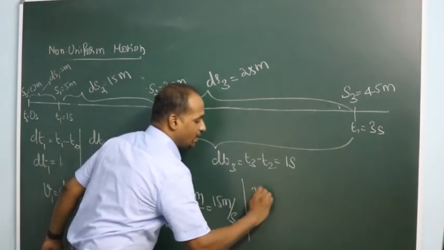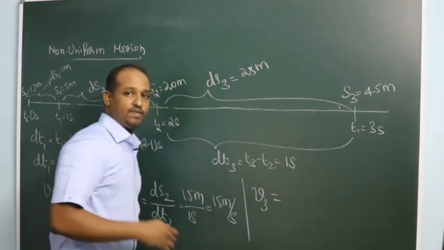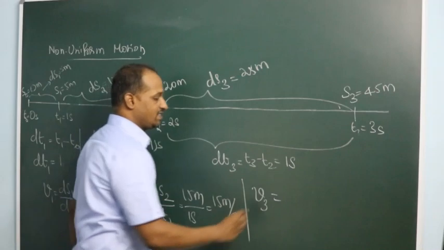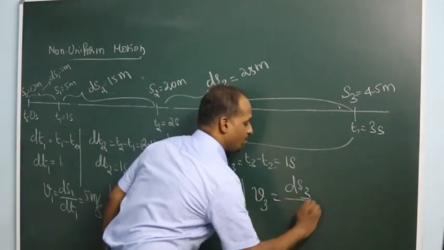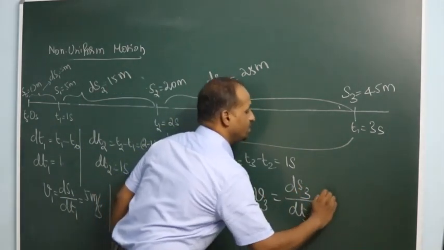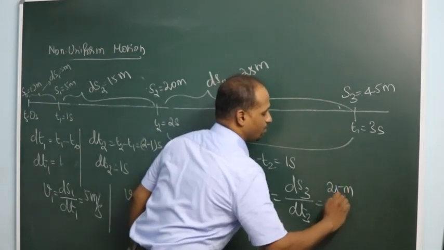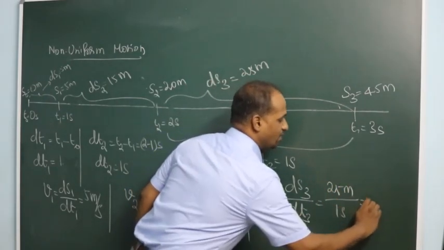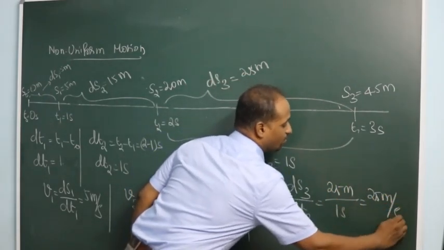And what about the instantaneous velocity in the third second? ds3 by dt3, which is 25 meters by 1 second, is 25 meter per second.